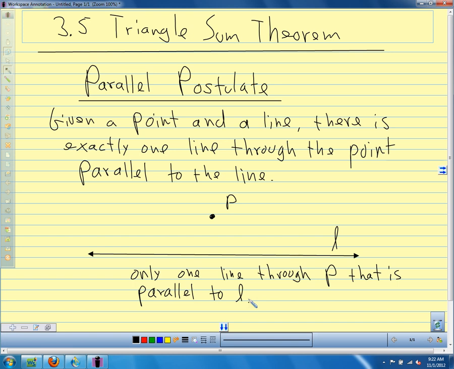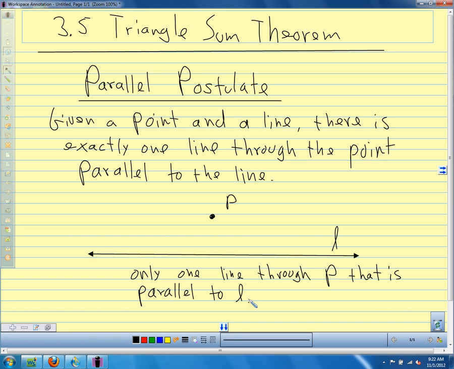So if you think of the Earth, lines that go through the North Pole, they always meet at the North and South Pole. So we call those parallel lines on the surface of the Earth, but they always meet. So there are more than one line through a point that's parallel to another line, because they all go through the North and South Pole.